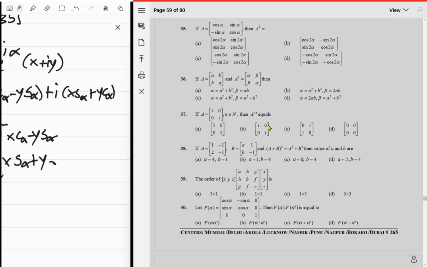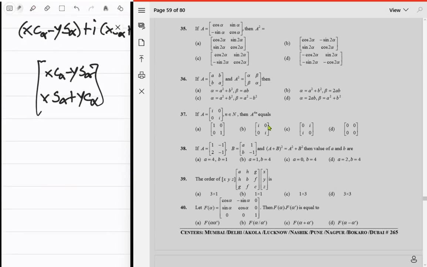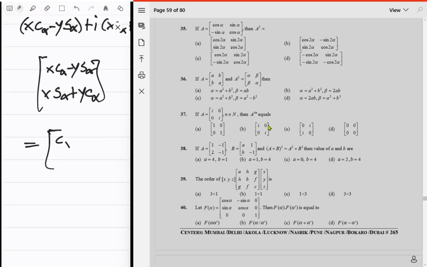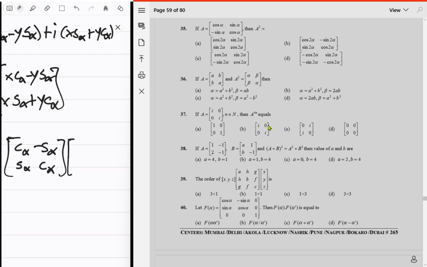And guess what? You can also write this as this matrix: cosine alpha, minus sine alpha, then sine alpha, cosine alpha, and apply on x and y, of course. So this is a rotation matrix.